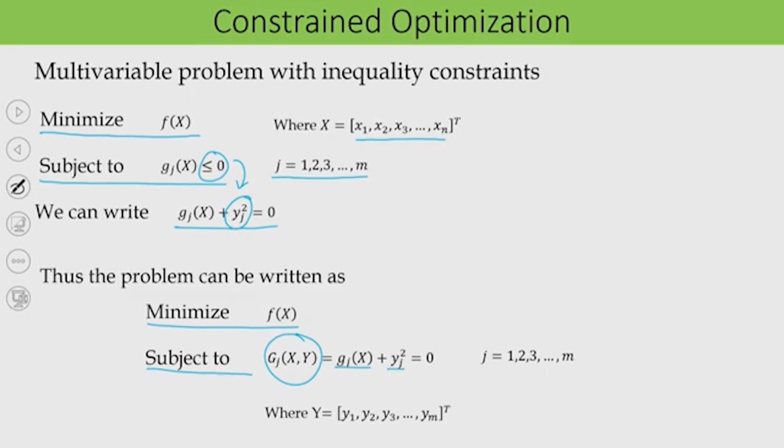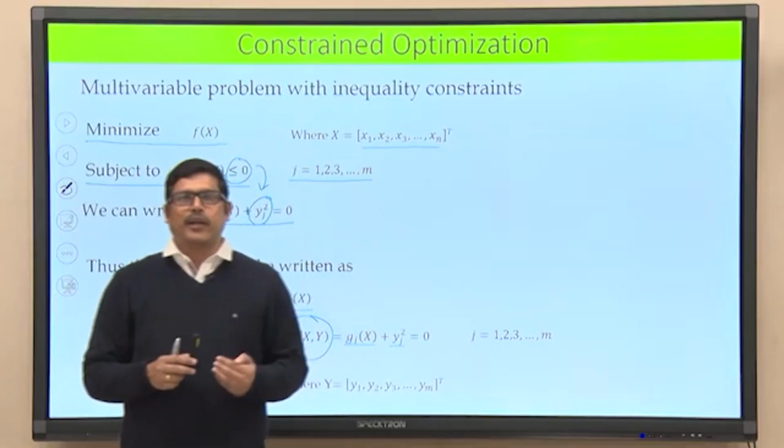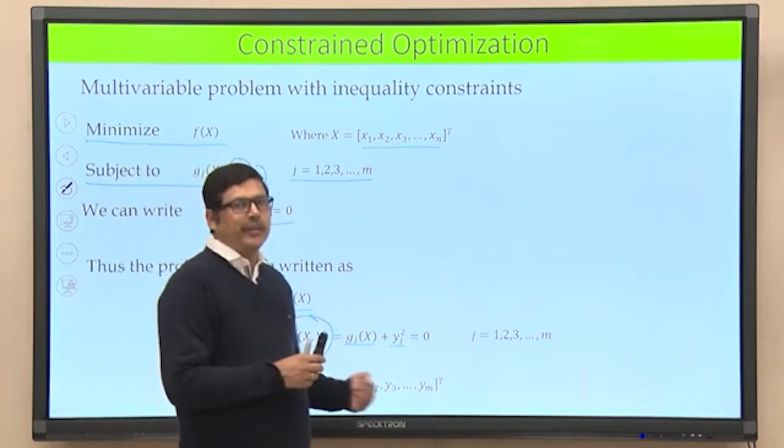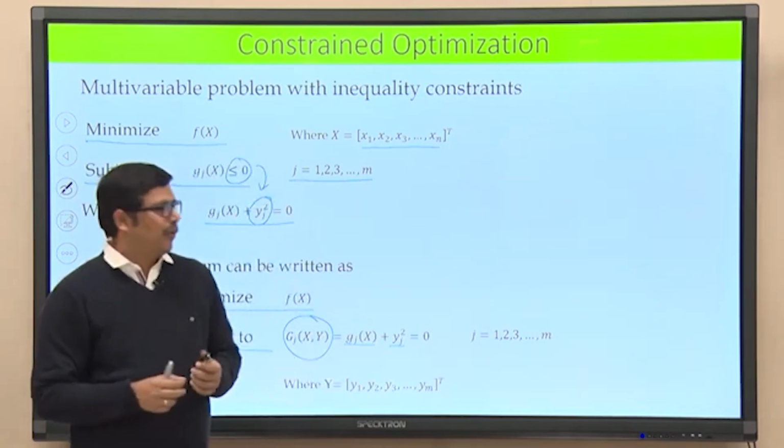So, we are converting this problem to an equality constraint type problem. Now I can apply the necessary condition of optimality to this particular problem, whatever we discussed in the last class.